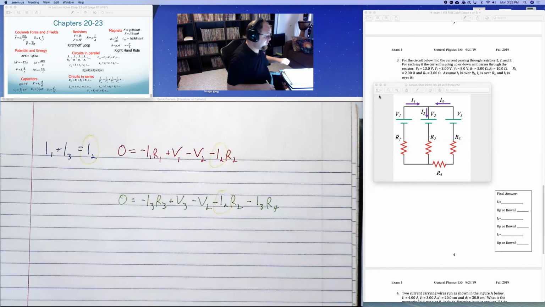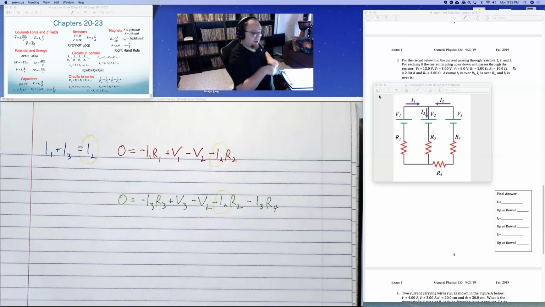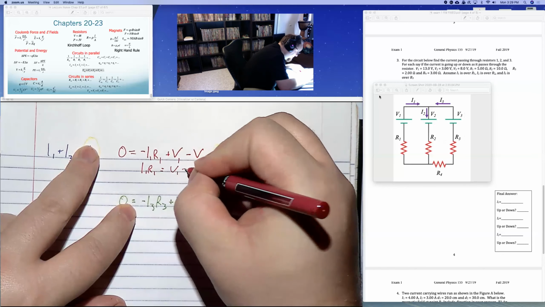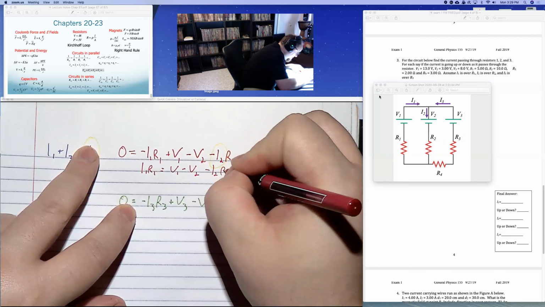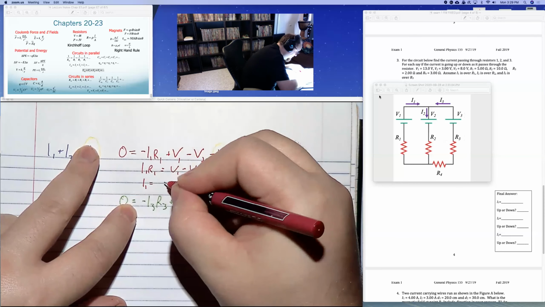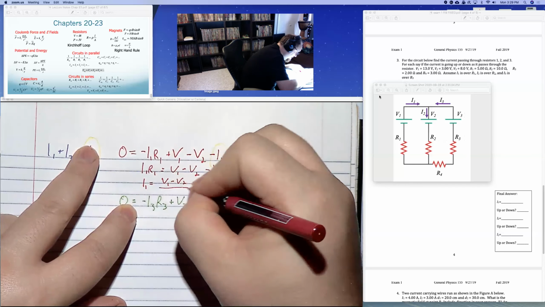And so I'm going to take my loop equations, rearrange them, and solve for the other thing. I'm going to solve this one for I1. So I'll add I1 R1 to both sides, and say that I1 equals V1 minus V2 minus I2 R2 over R1.